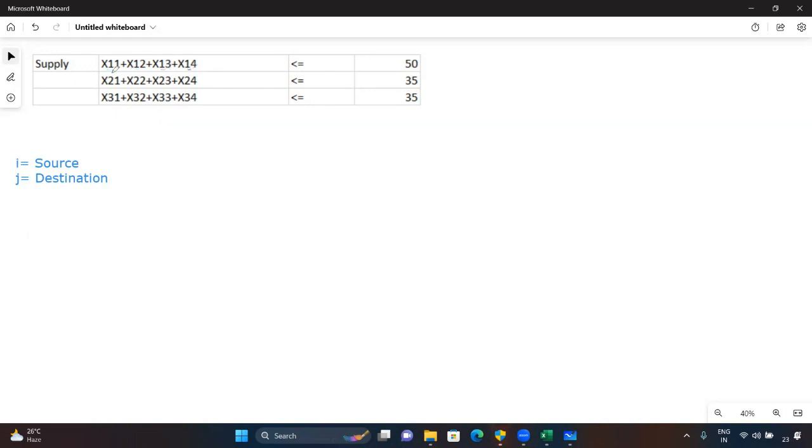The source remains constant, but what is changing? Our destination is changing. The destination here is 1, this is 2, this is 3, and this is 4. And we are doing a summation, right?